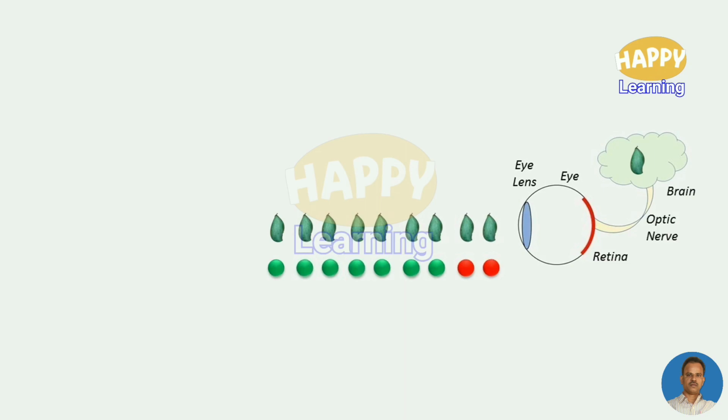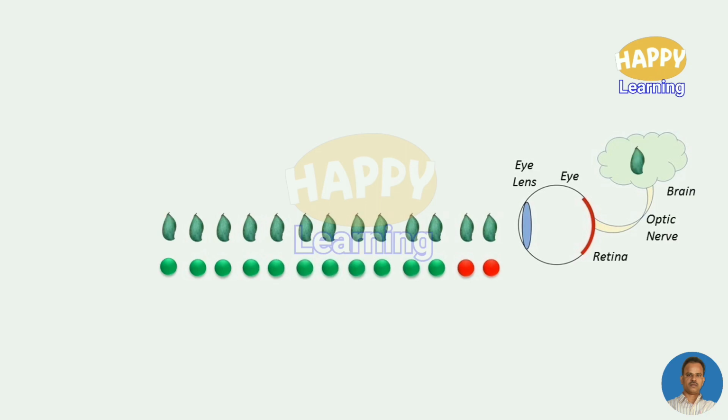Increase the distance of the object from your eye, move the object away from your eye, and each time note down whether the object is clearly visible to you or not. If it is clearly visible, put a green button.